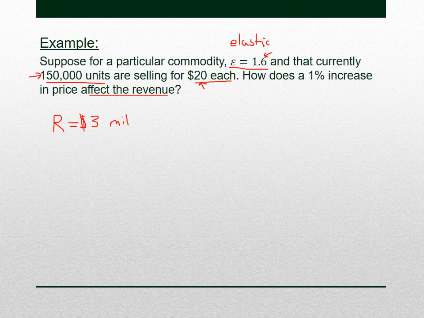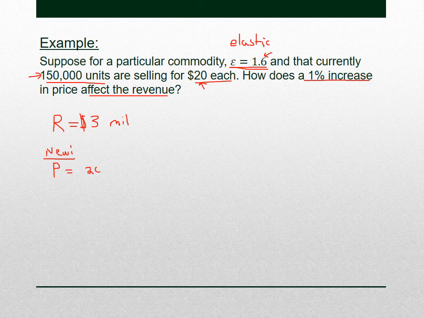What we want to do is use this point elasticity of demand to give us a new revenue. To get our new revenue, we'll need a new price and a new quantity. So let's first come up with a new price. I'm just going to say here, new stuff. We know we're increasing the price by 1%.